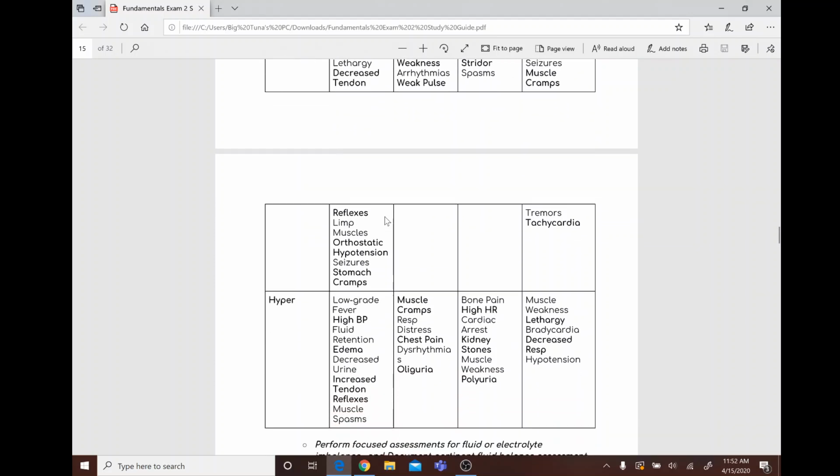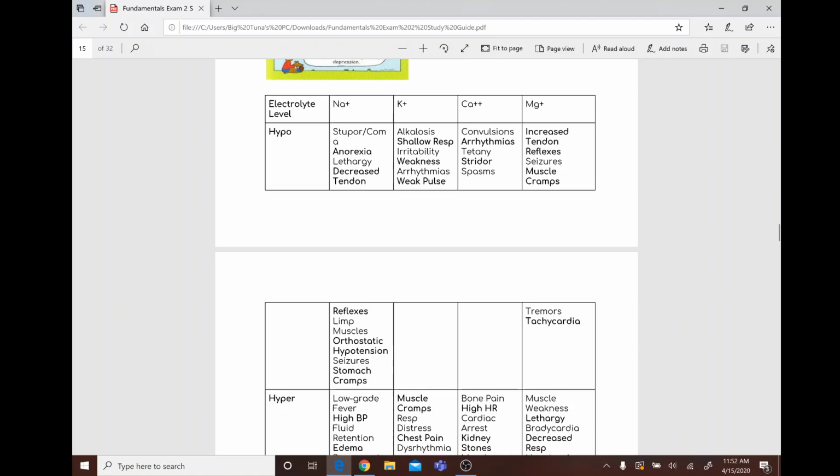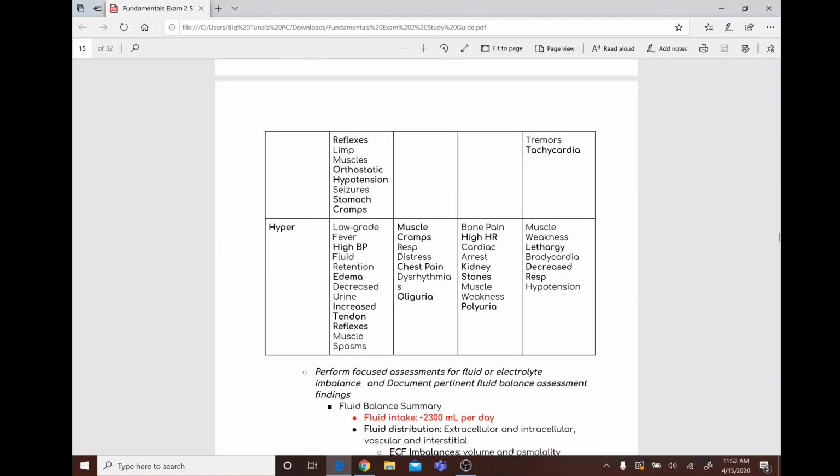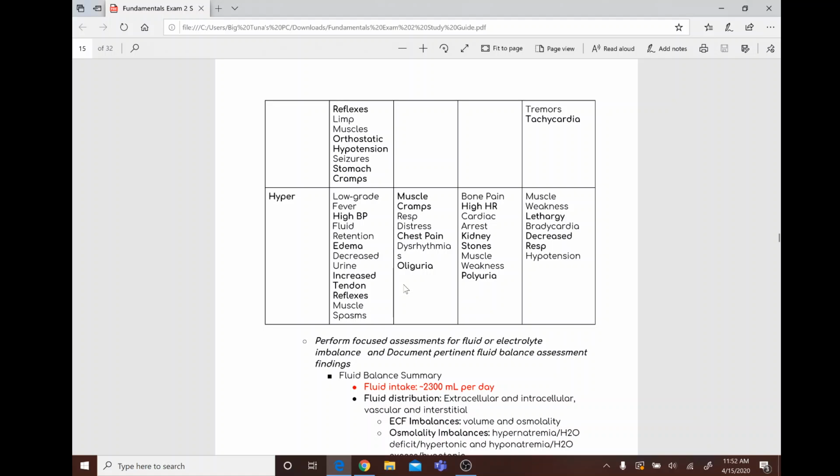What are the signs and symptoms of hypernatremia? Low-grade fever, high blood pressure, fluid retention, edema, decreased urine output, increased tendon reflexes, and muscle spasms.